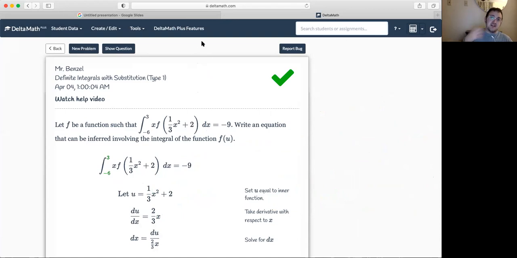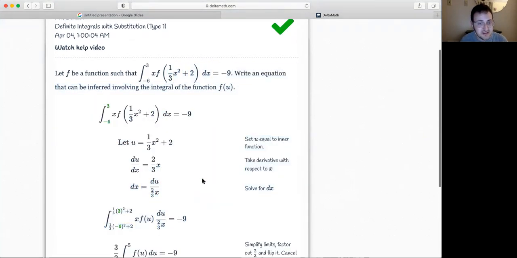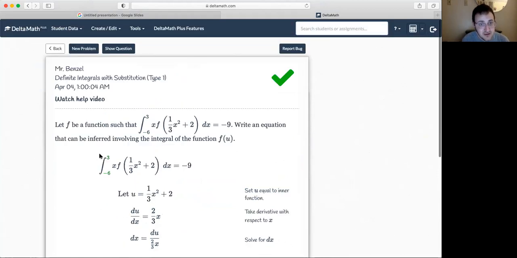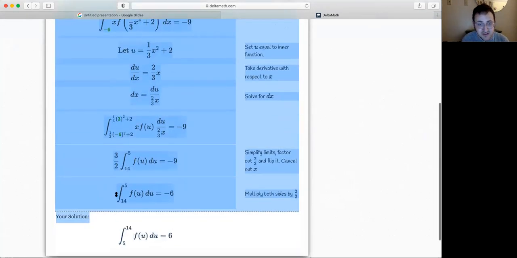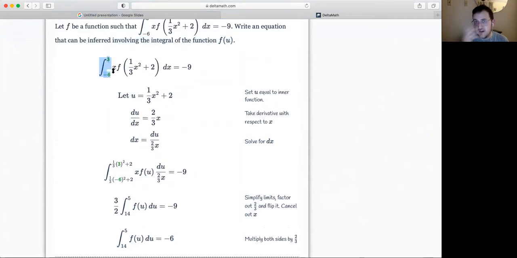I always recommend, when you have these conceptual questions and you're working on them independently, that it is important to look at the solutions. You can see a little differently how Delta Math does it. They actually do the work on the bounds of the integral, so you can see the steps that they laid out. I really wanted to go through each step and tell you why we were doing each part.